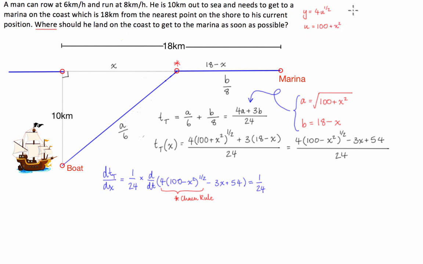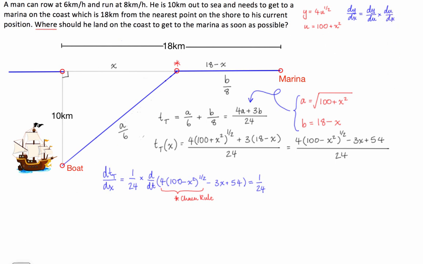The chain rule says that if I have a function within a function, the total derivative dy/dx is the product of the outside and the inside derivatives: dy/du times du/dx.